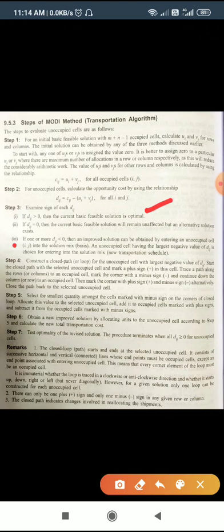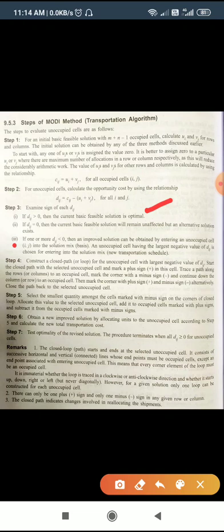In the third case, if any one Dij, that means opportunity cost, is less than 0 or negative, then we say that this is not an optimal solution, and we use the modified distribution method to find the optimal solution.